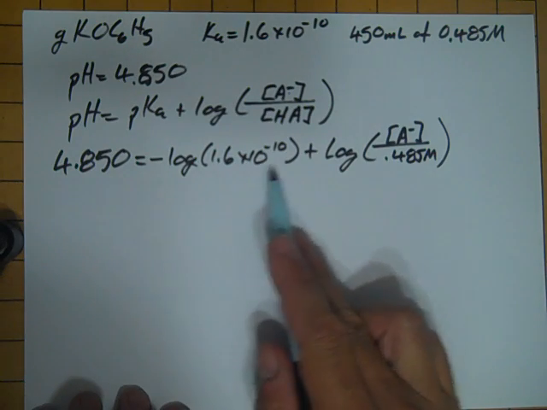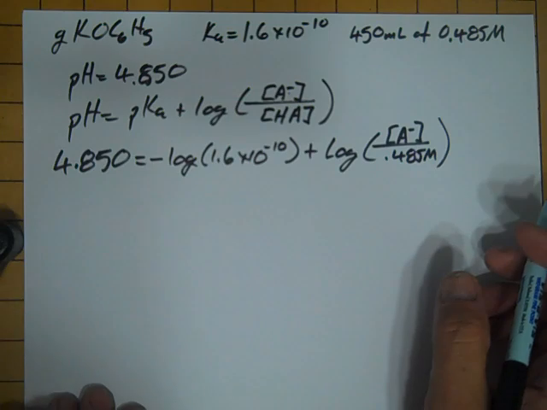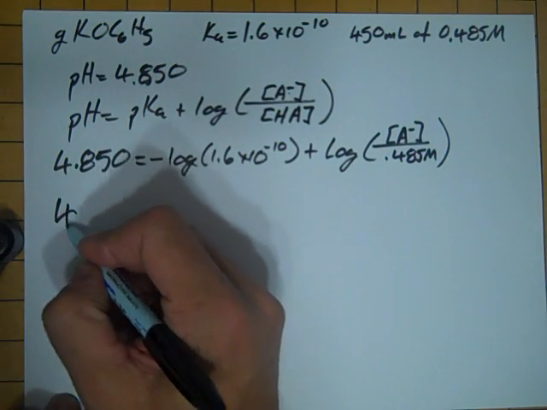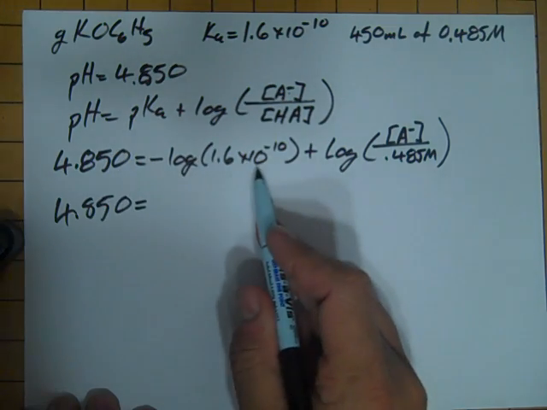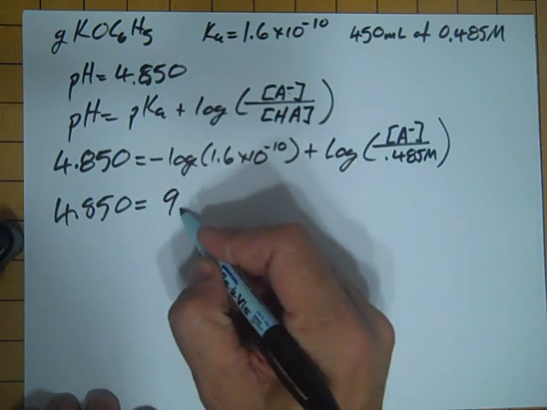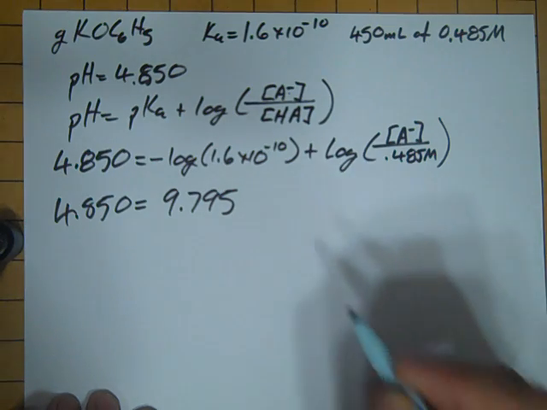So at this point, the only thing I don't have a number for is the A minus, so I can solve for it. Now, first thing that I do, 4.850 equals, what is the negative log of this number? That turns out to be 9.795.